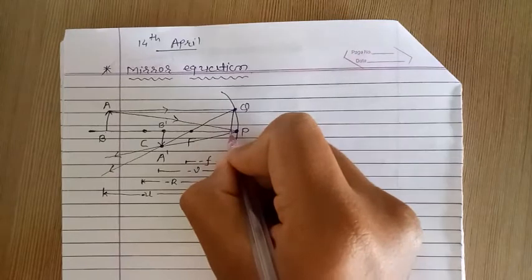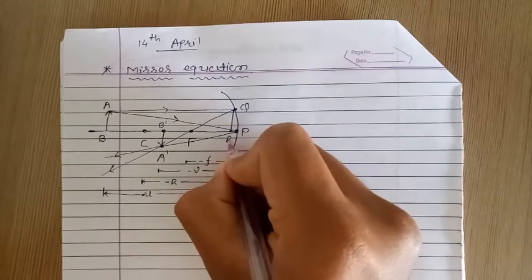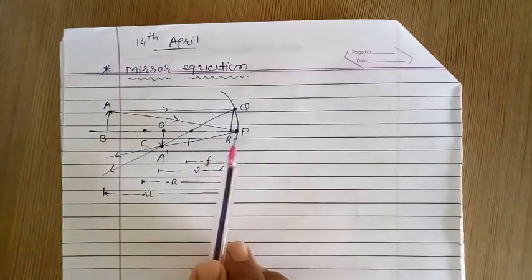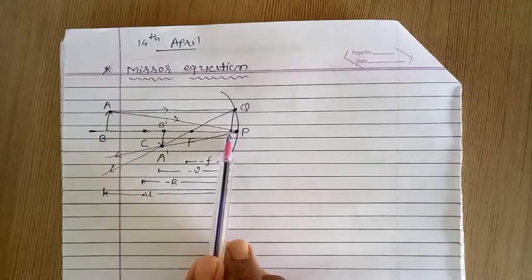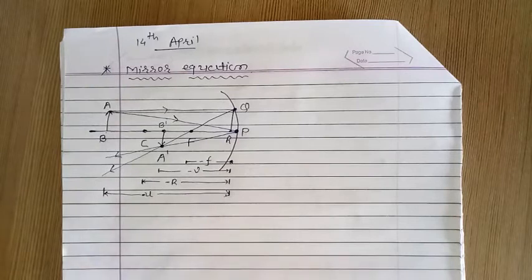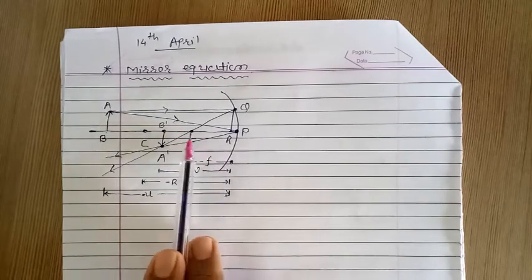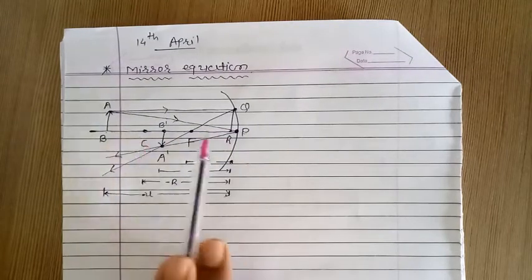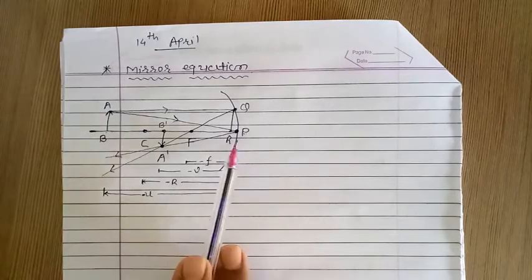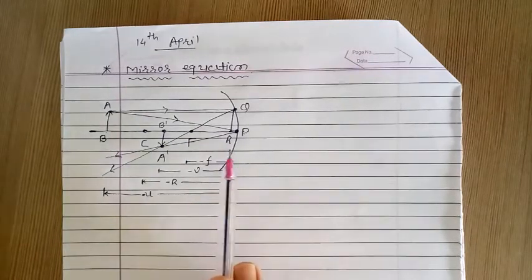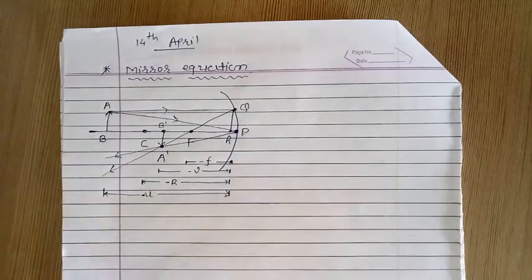We denote this point by R. You already know the distance between P and R is very small, so we can neglect this distance. So we can say that FR is equal to FP, CR is equal to CP, and BR is equal to BP, because the distance between R and P is very small, we neglect this distance.